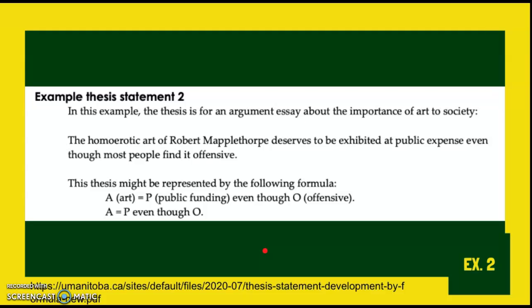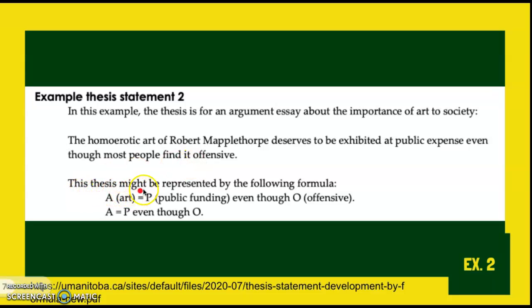Here we see A equals P even though O. That is the formula for this thesis statement. In this example, the thesis is for an argument essay about the importance of art to society. The thesis statement is: the homoerotic art of Robert Mapplethorpe deserves to be exhibited at public expense, even though most people find it offensive.